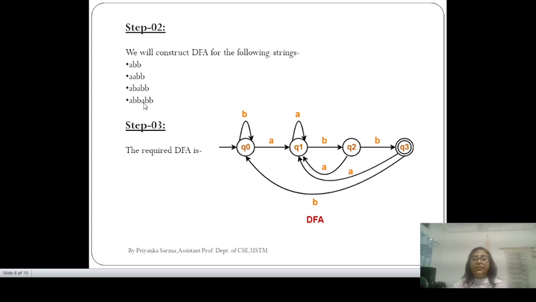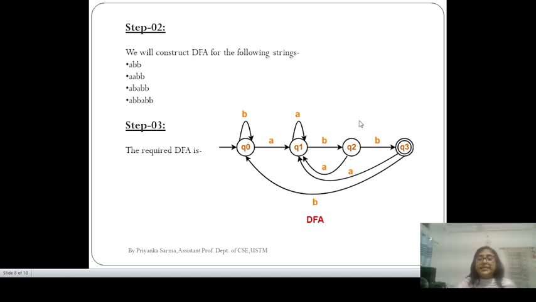Now next symbol we need A. So from Q3 we have to follow this path. That means Q3 can accept A and can move to Q1. And again we need B. So Q1 can accept B and can move to its next state Q2. Now last symbol we need, again B. So Q2 can accept B and move to its final state.